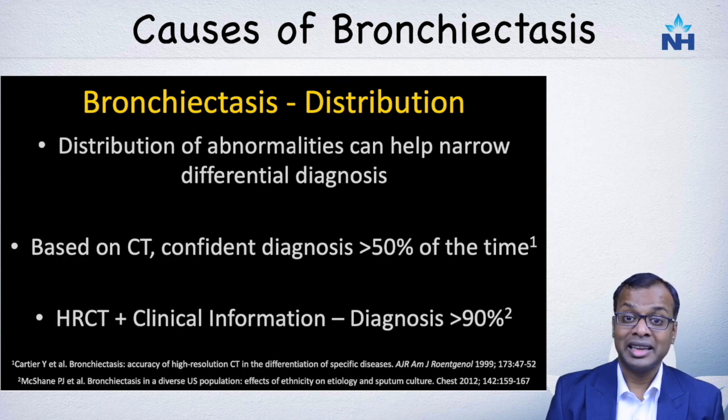If you add the clinical history and the HRCT distribution pattern, the accuracy of the diagnosis increases to more than 90%. So you are going to be in a very good position with the clinical history and the knowledge you gain from this talk to be able to differentiate different causes of bronchiectasis henceforth.